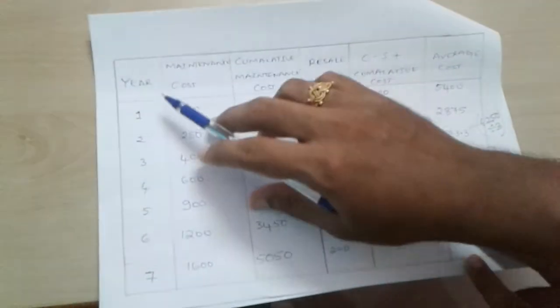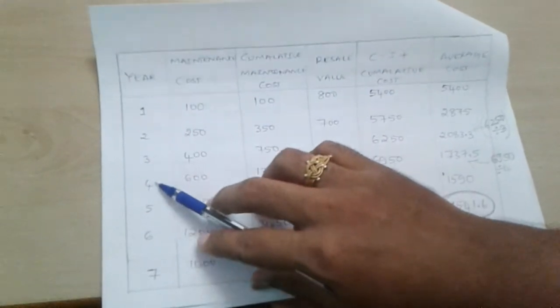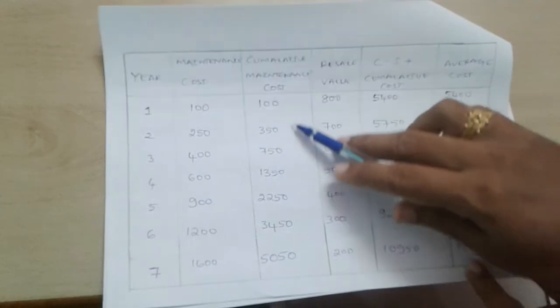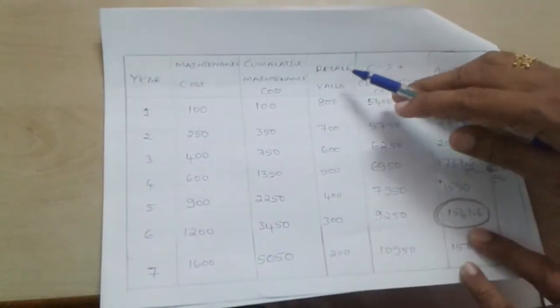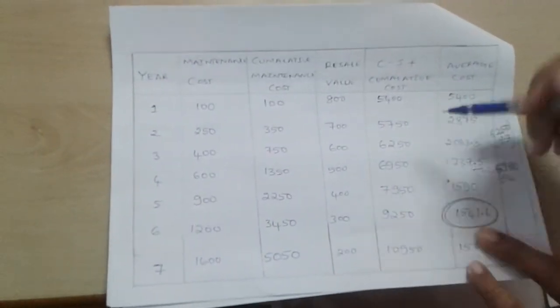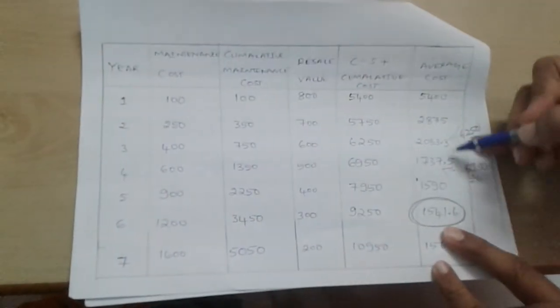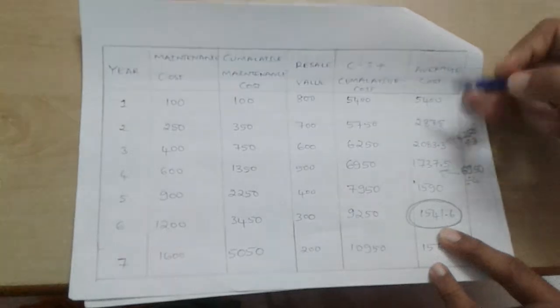Now when we continue this problem, these are all the calculations for the second, third, fourth, fifth, sixth and seventh year. In the same way, cumulative maintenance cost is calculated, resale value is already given, the C minus S plus cumulative cost column is also calculated, and these are all the average costs.